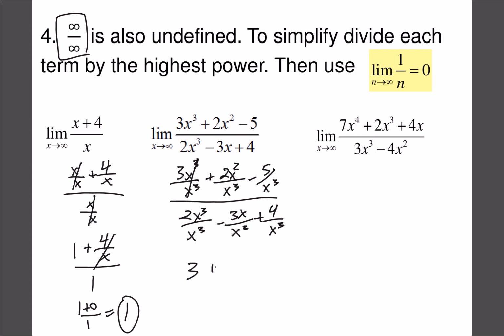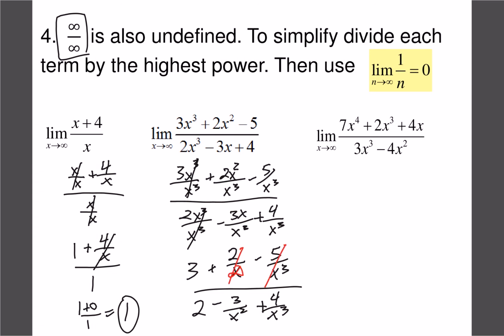This one would be, we would get 2 over x, and our last one we still have our 5 over x cubed. And then on the bottom we just get a 2. And then 3 over x squared and 4 over x cubed. And again, those ones that are being divided, so when we do our limits now, when we plug our infinity in, that one's going to be 0, that one's going to be 0, and so are those ones on the bottom. So in this case, our final answer is just 3/2.